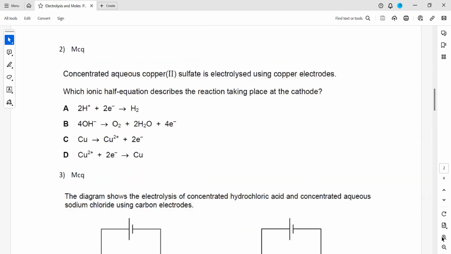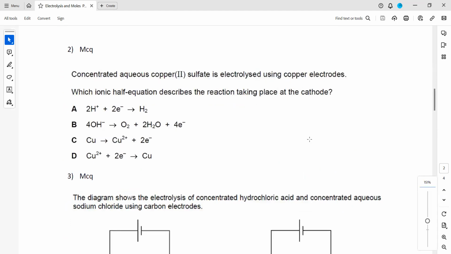In question 2, concentrated aqueous copper 2 sulfate is electrolysed using a copper electrode. So if you have a copper electrode, the anode is made up of copper, and the cathode also consists of copper.